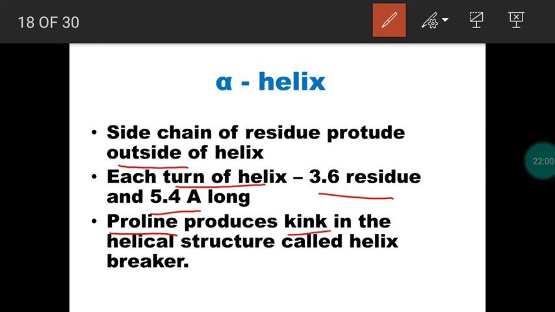Kink means bend or a turn. So it is making a bend in the secondary structure. So this is called helix breaker. Okay. So if amino acid proline is in the helical structure, it kinks the helical structure. So this is called as helix breaker.